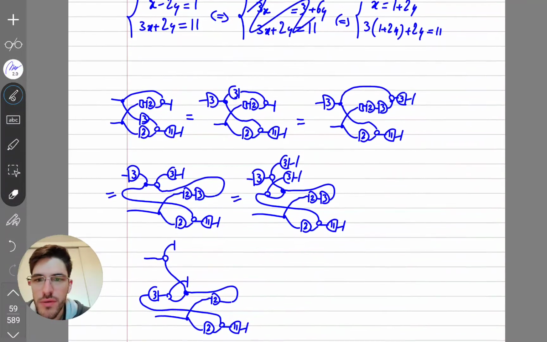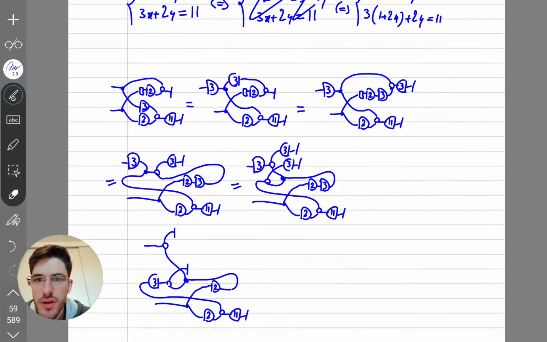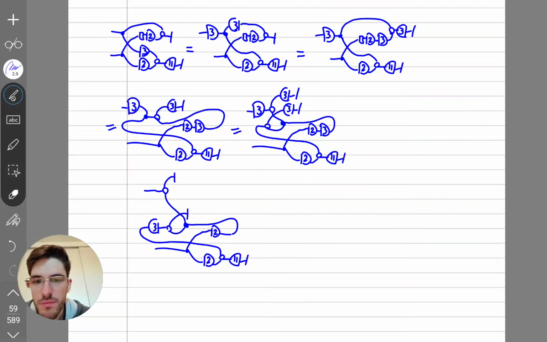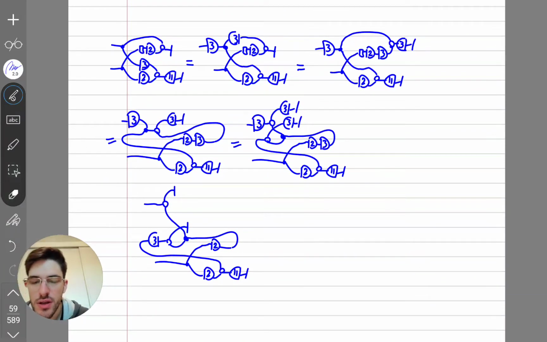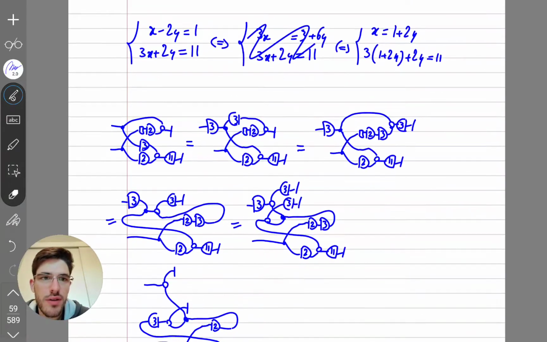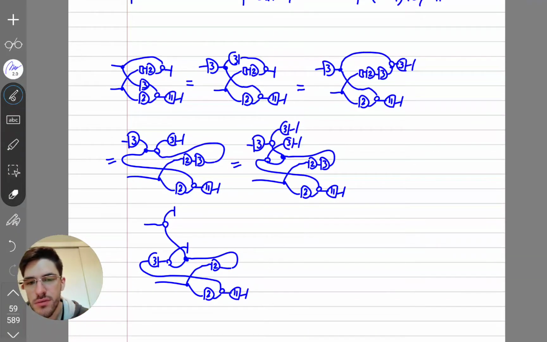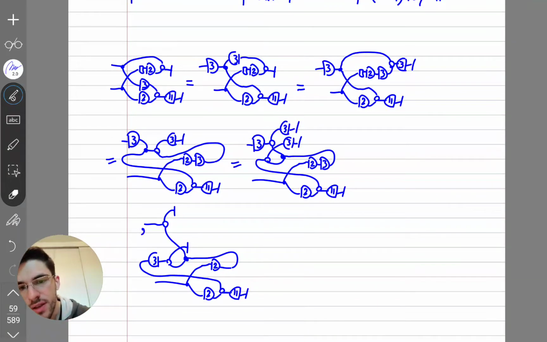Yeah, I don't know why I bothered with all the 3's. Well, it's there now. Alright, so 1 plus 2y. X is... Oh, indeed. That's x. That's 1. And that's 2y, right? Because it comes from here and then it's copied here. So we do have x is 1 plus 2y.